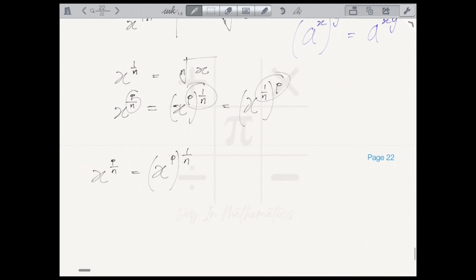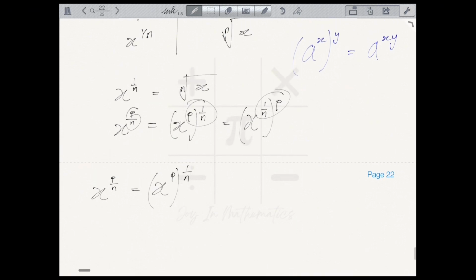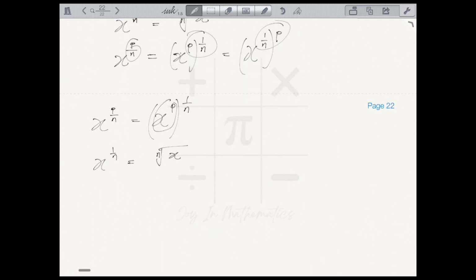And we know that x raised to power 1 over n is the nth root of x. Therefore, x raised to power p over n, which is the same thing as x raised to power p raised to power 1 over n, will be the nth root of x raised to power p.